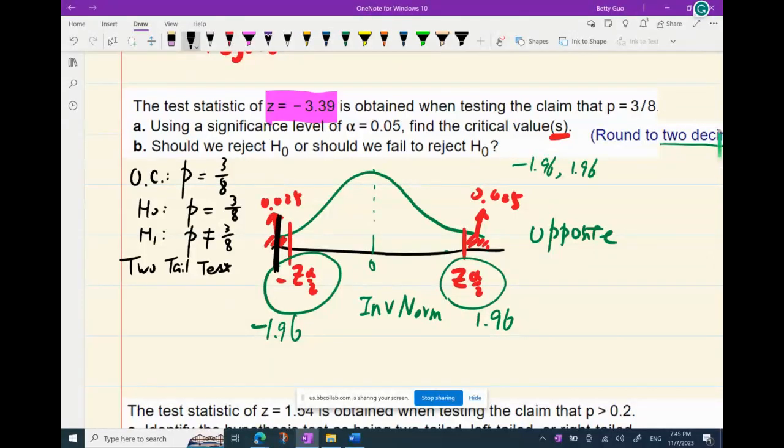When you have two negative numbers, the one with the bigger absolute value is smaller, and the one with the smaller absolute value is bigger because it's closer to zero. So negative 3.39 is further away from zero, so it is to the left of the critical value. So the test statistic falls in the critical region. By the critical value method, we know we should reject.